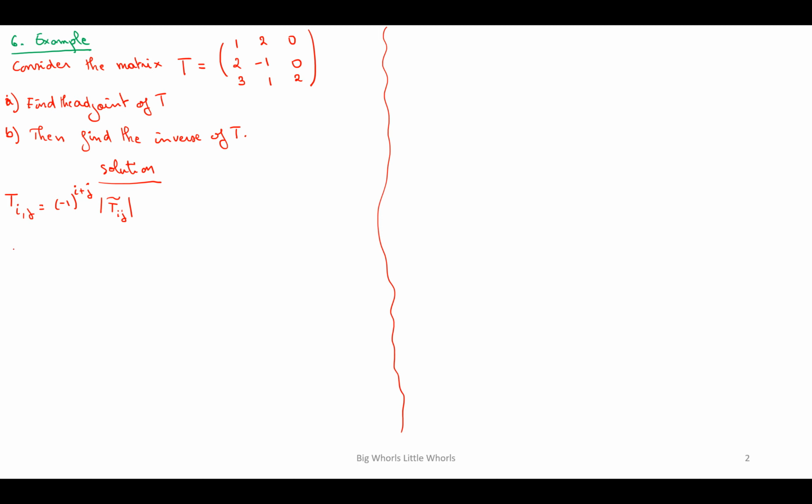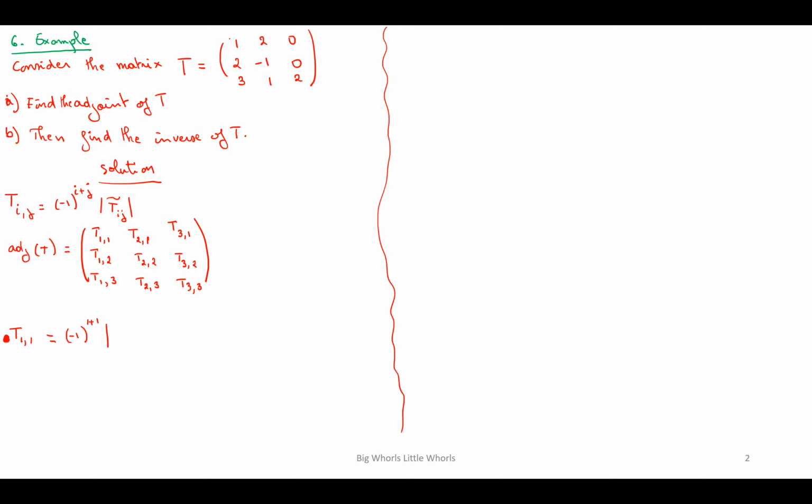So basically, at the end, the adjoint of T is going to be the following: T11, T21, T31 and so on, laid out with the cofactors in columns: T12, T22, T32, T13, T23, T33. So we need to find all these T's. So T11 is going to be equal to minus 1 to the power of 1 plus 1 multiplied by the determinant of the minor T tilde 11.